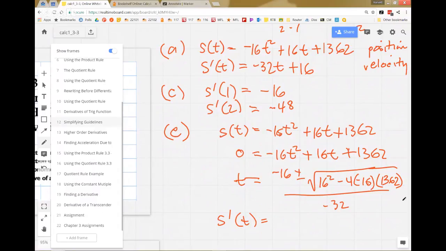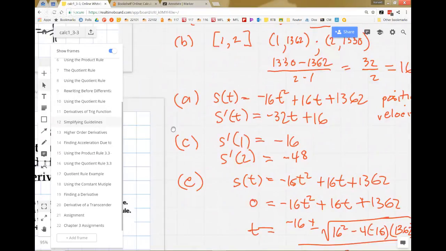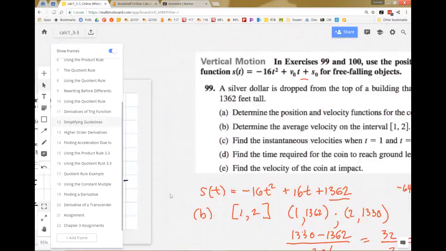I'm going to leave this calculation, since we've already used a couple of minutes on this. So, okay, that's basically, except that I did it out of order, number 99.